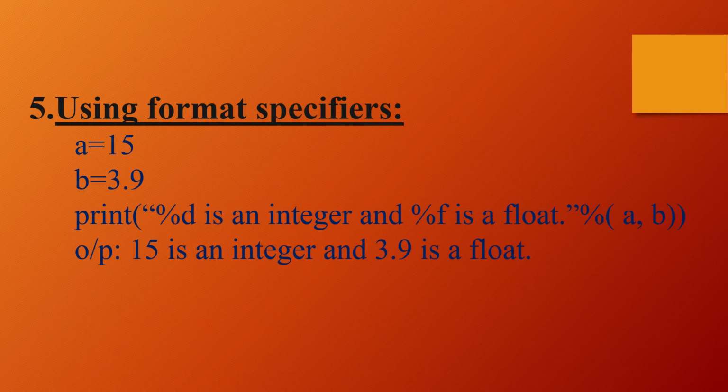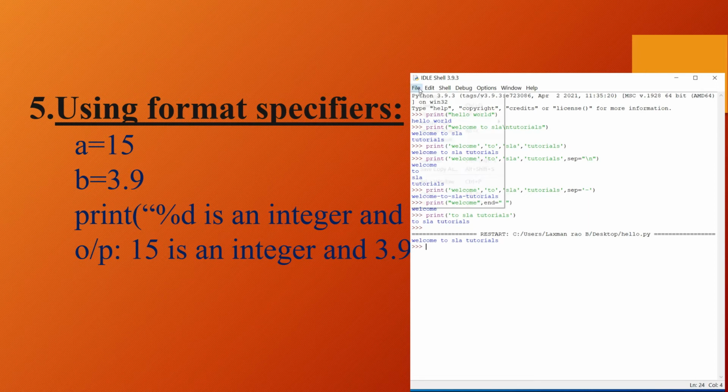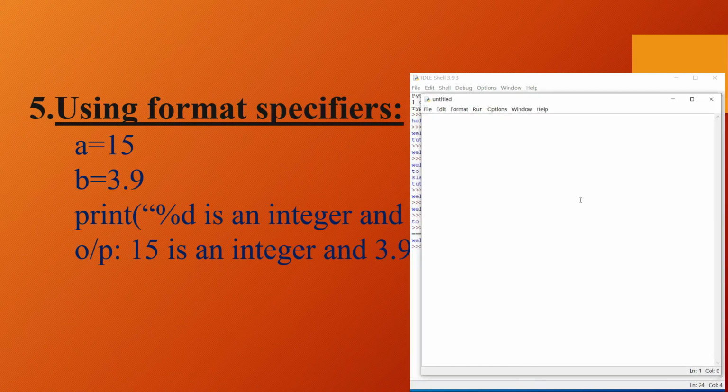We'll see in Python IDE. Here I am creating a new file. a is equal to 15, b is equal to 3.9, print in double quotes %d is an integer and %f is a float.